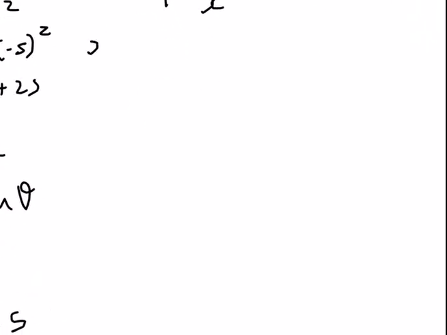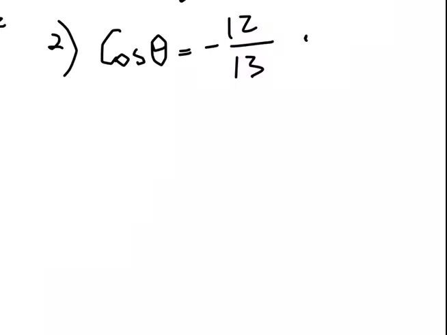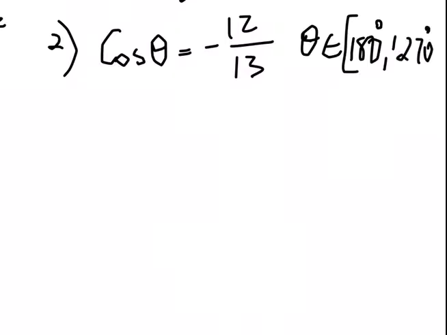So let's jump on to number 2 and see what we have there. Cos of an angle equals 12 over 13, and again they say theta is an element of 180 degrees and 270 degrees.